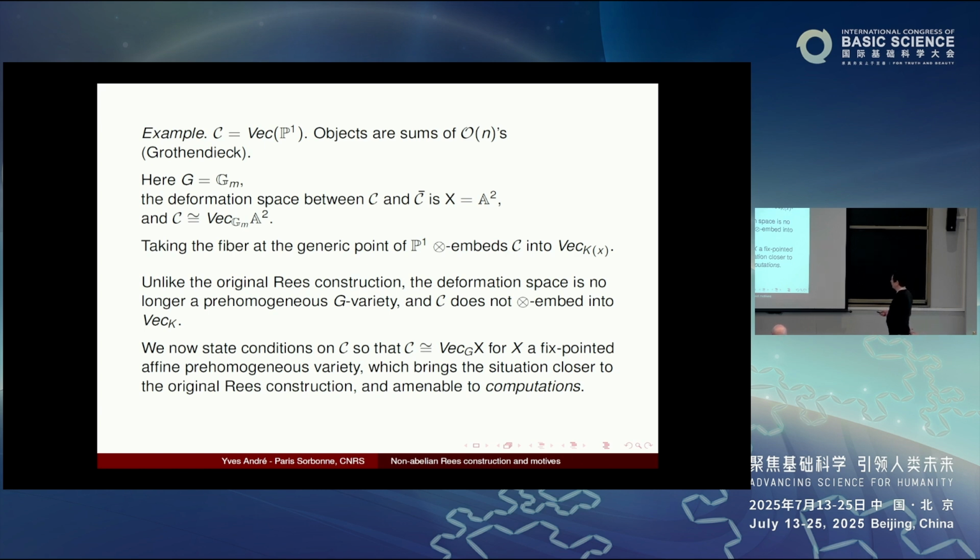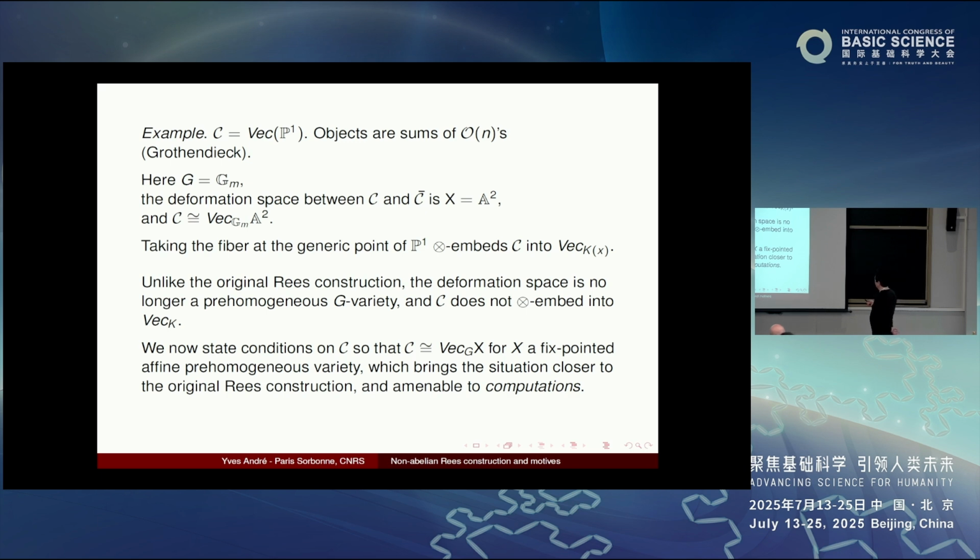Whereas if you take the fiber at the point 0, the origin of the affine plane, you get the projection from C to C bar. There is a difference here between this situation and the original construction: the deformation space is no longer a pre-homogeneous G variety.